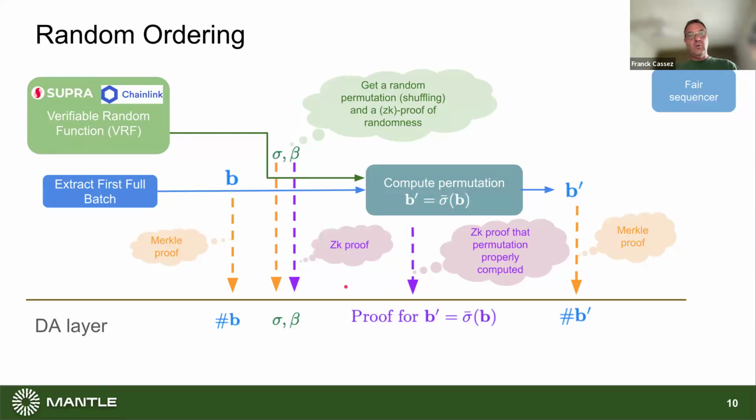So now, why is it efficient? Computing a permutation, there's an oracle involved, but it should be at least as effective as running a consensus algorithm.